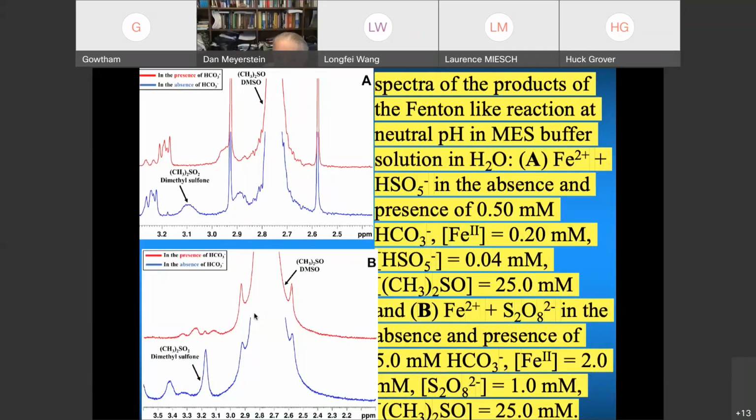The upper one is peroxymonosulfate, the lower one is peroxysulfate. And you can see in both systems that the NMR proves that we formed iron 4, which means that we form also in this case, which is an environmental situation, iron 4.